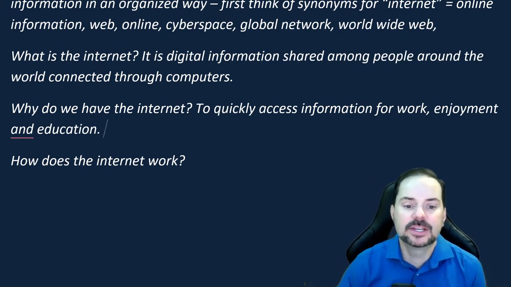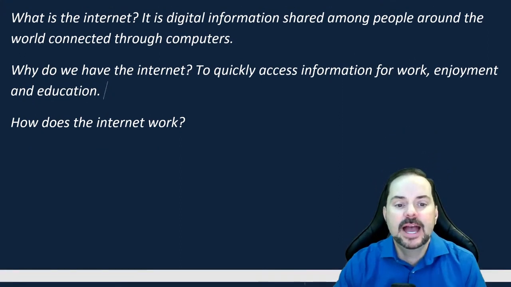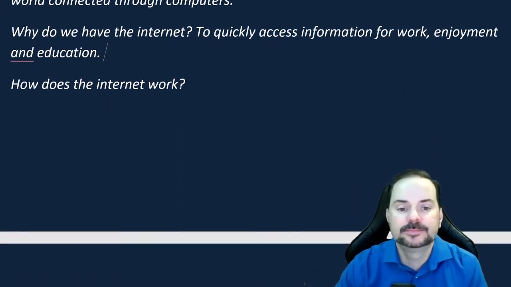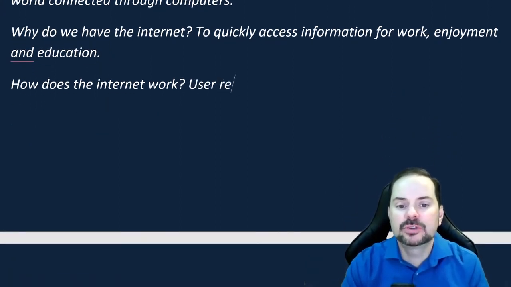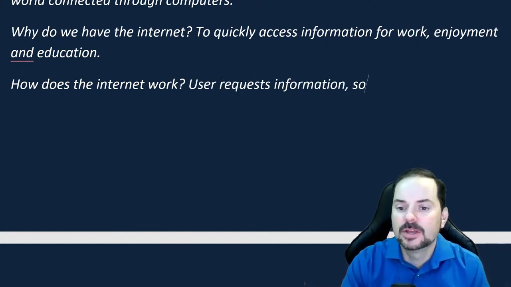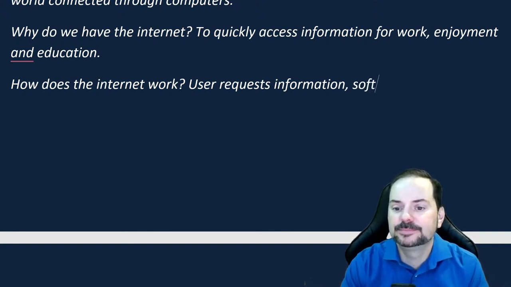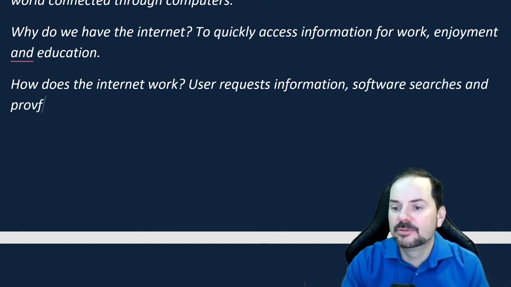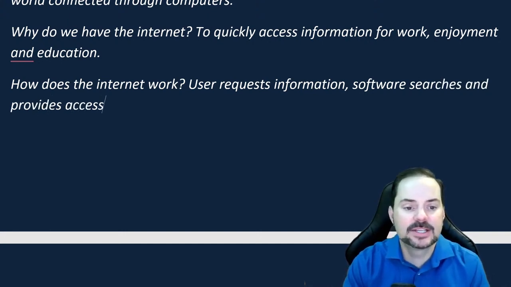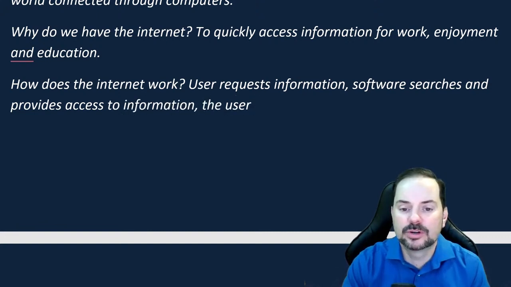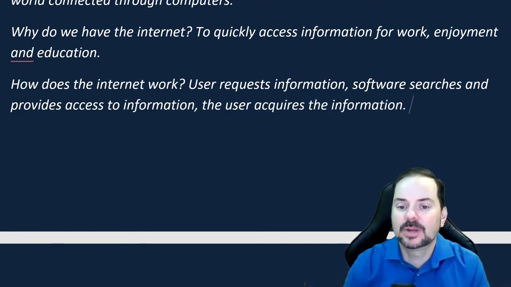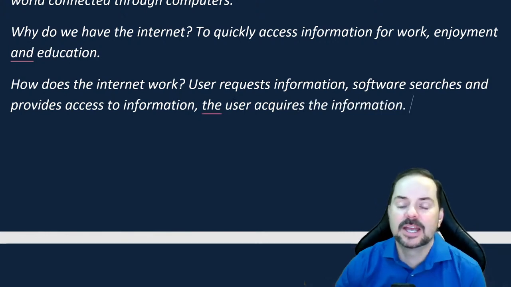Vipasha says to connect to the world. Okay. How does the internet work? All right. User requests information. Software searches and provides access to information. The user acquires the information, right? That is the simplest way to say it.